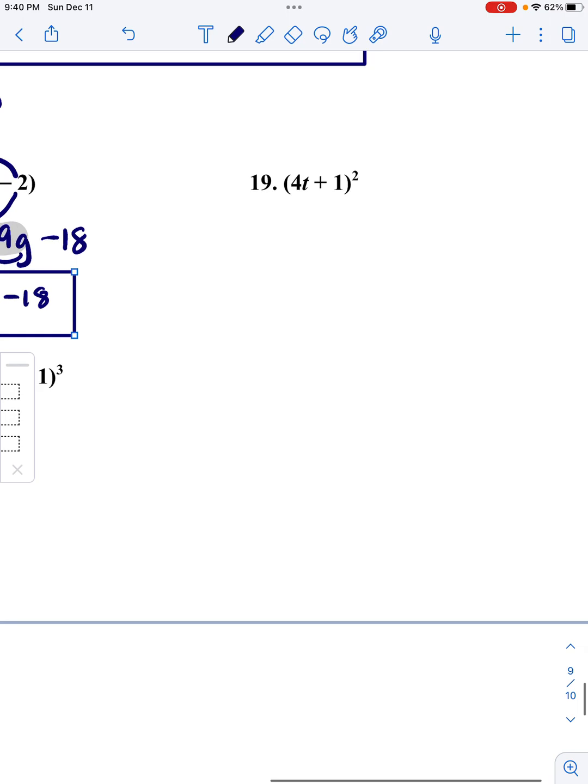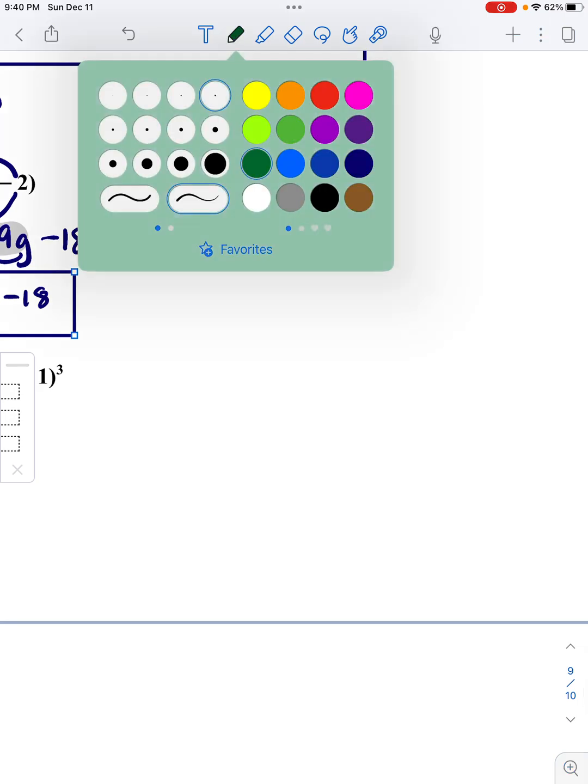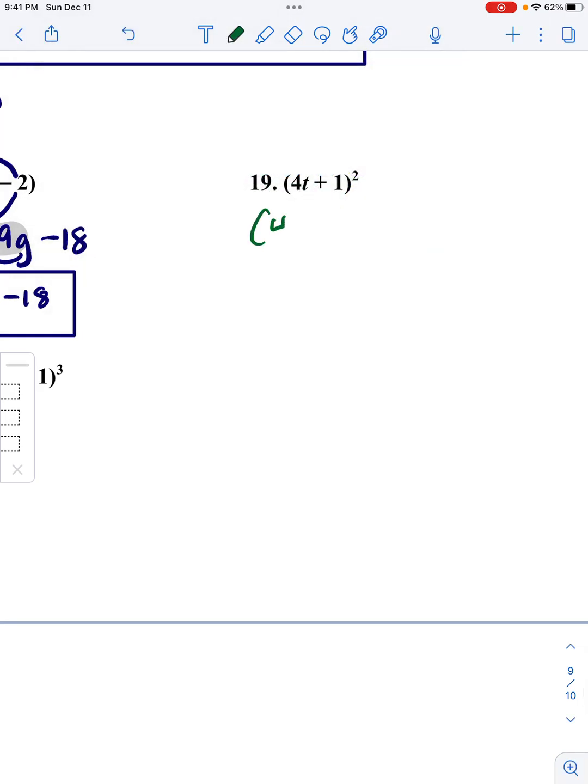Okay, this is tricky and everybody loves to do this wrong, so don't. This means 4t plus 1, and then you multiply it by this. Watch for this on the test. You do not distribute that because that is multiplication that allows us to distribute. This little plus sign in the middle means that you cannot distribute that 2 to both parts.